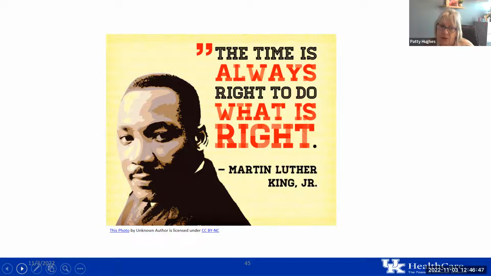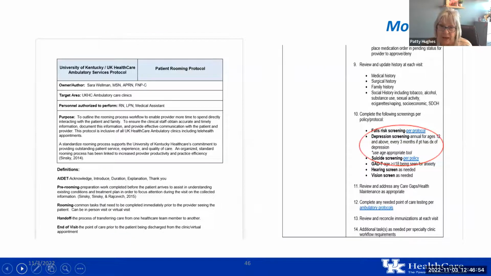And the protocol is a rooming protocol. If you can go to the monitoring slide, as our MAs, our RNs, our LPNs are rooming our patients, part of the work we expect you to do is to ask those questions around depression.